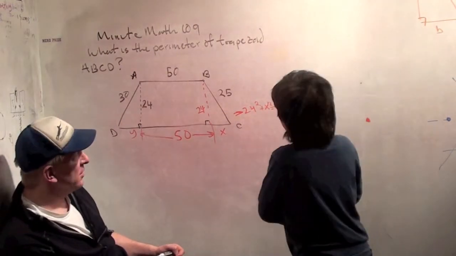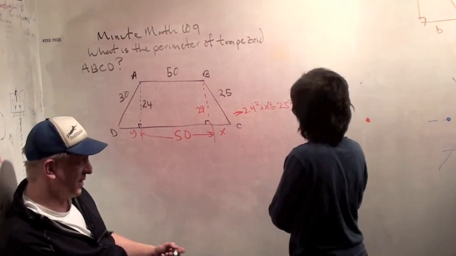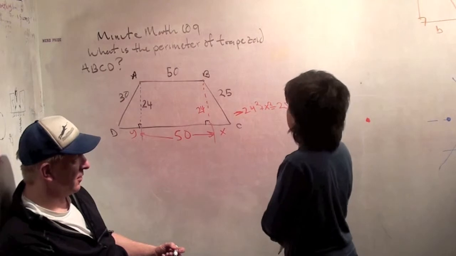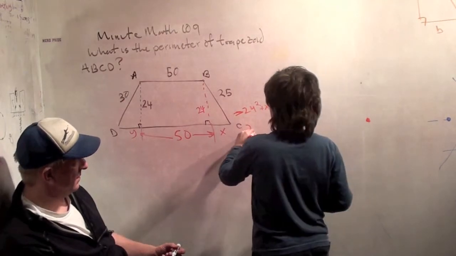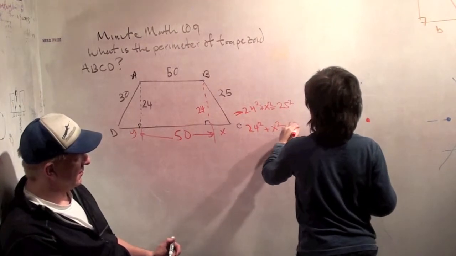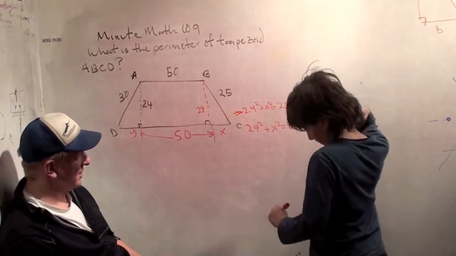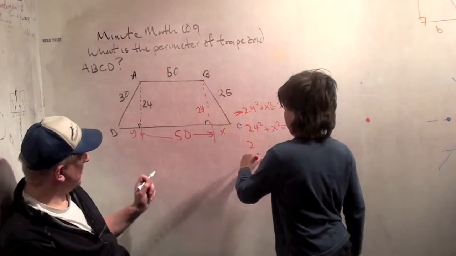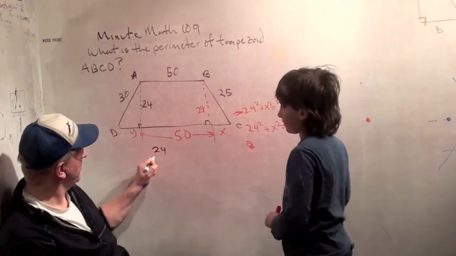Do you know what 25 squared is? It's 5 times 5 times 5 times 5, so it's 5 to the 4th. It's 625. Back up. 24 squared plus x squared equals 625. Now we've got to figure out what 24 squared is. 24 times 24.